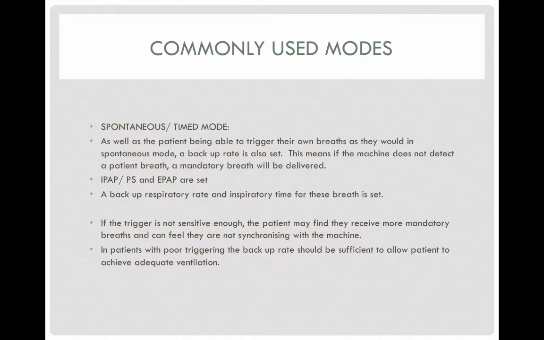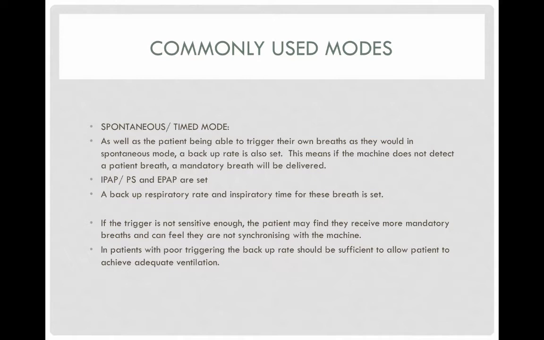So let's say the patient is breathing 12 times a minute. We're going to set maybe a backup rate of 10 because we wouldn't want the patient to fall below 10 breaths a minute. If the patient were to fall below 10 breaths a minute and meet that threshold, then the machine would deliver a breath instead of it being a spontaneously triggered breath.